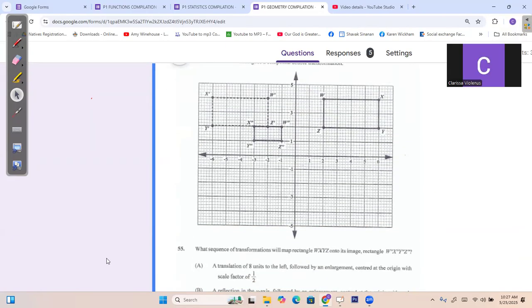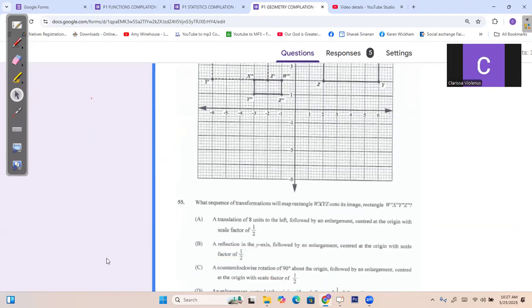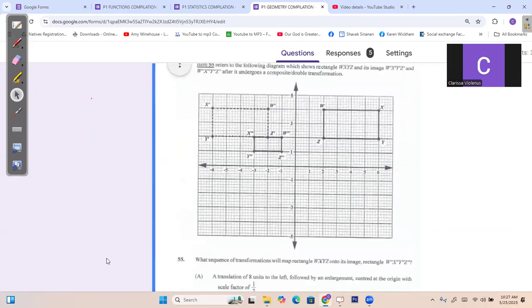You see what I mean? We usually draw the lines from the origin, so that means the thing would be here. So it can't be just an enlargement by half. So it has to be something else.